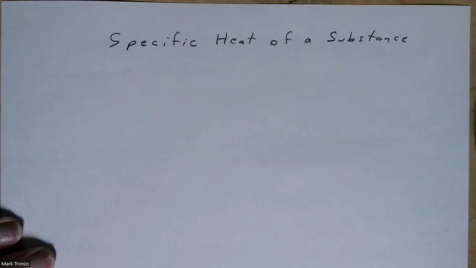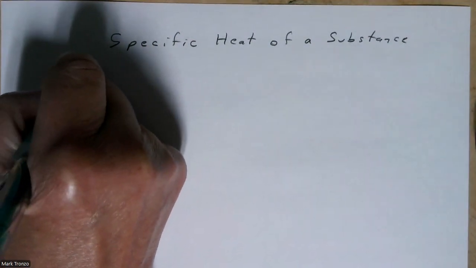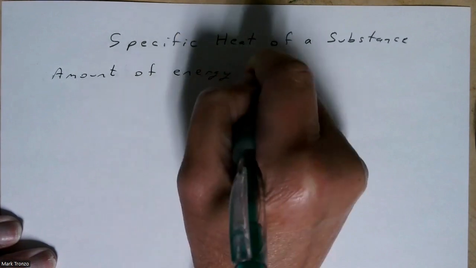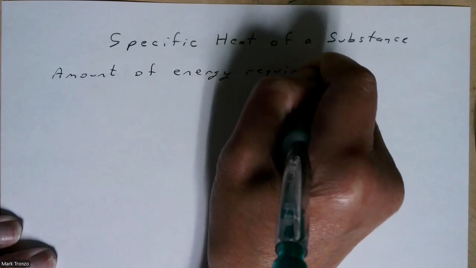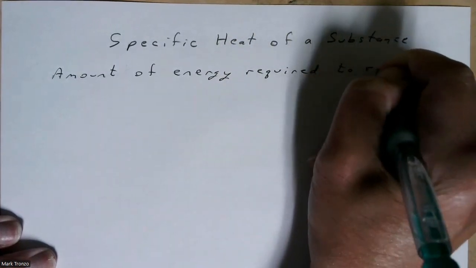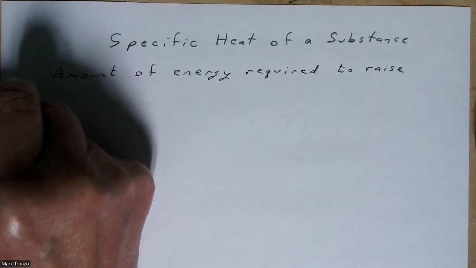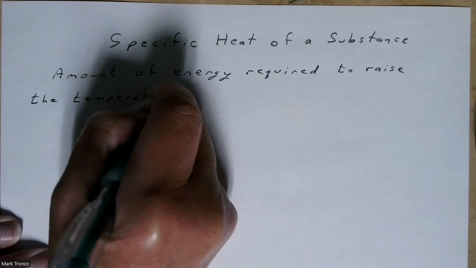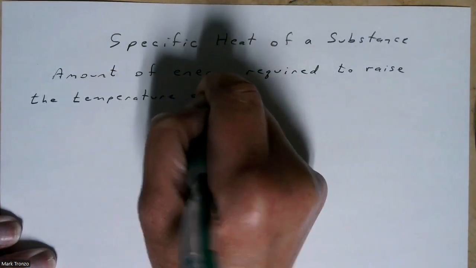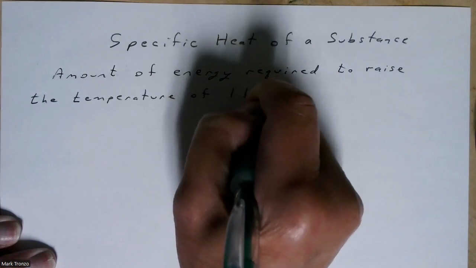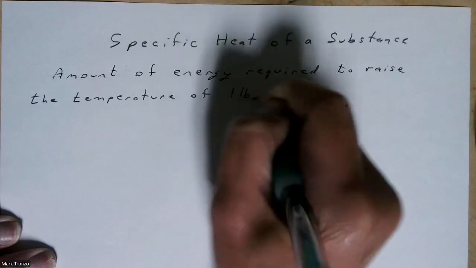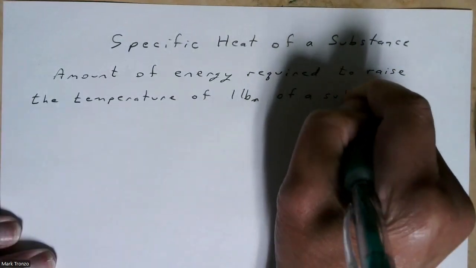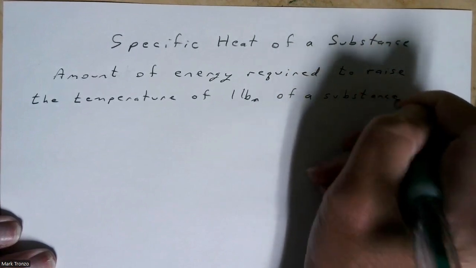Next, we're going to look at the specific heat of a substance. Again, this is defined as the amount of energy required to raise the temperature of, let's say, 1 pound mass of a substance 1 degree.